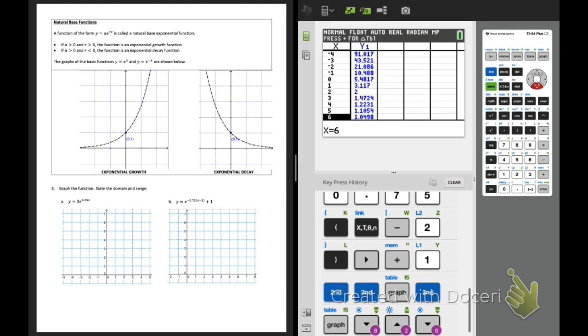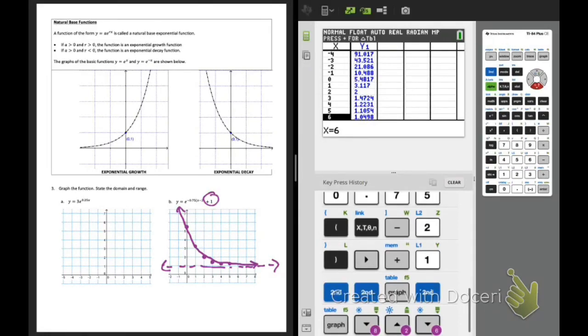So 5.48, 3.12, 2, 3, 1.47, 4, 1.22, 5, 1.11, and you can see it just continues to decrease towards 1 from there.